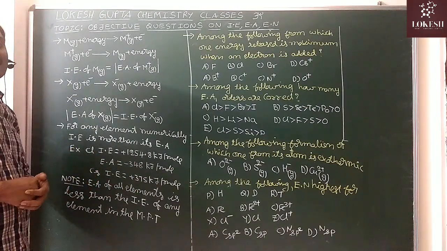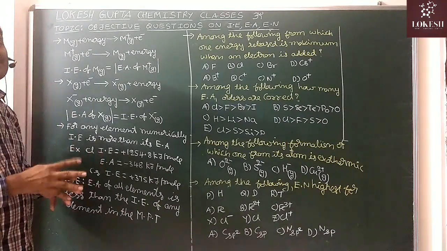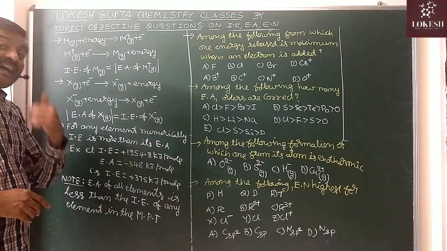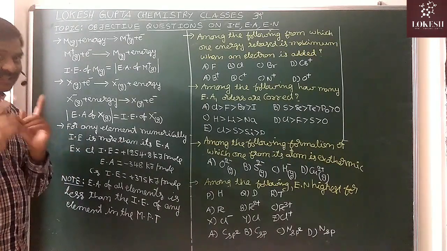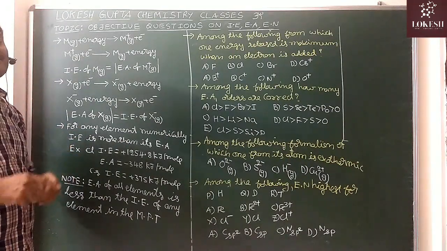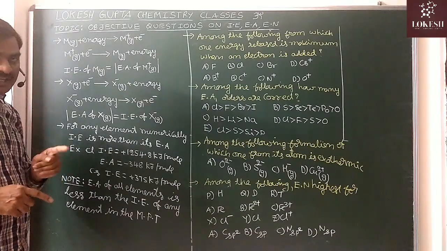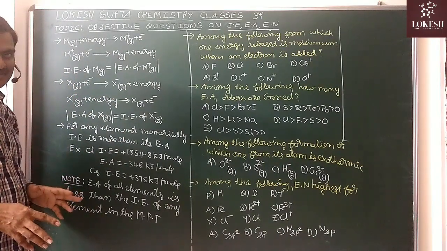So from this, what is the conclusion? The electron affinity of every element in the modern periodic table is less than the ionization energy of any element in the modern periodic table.